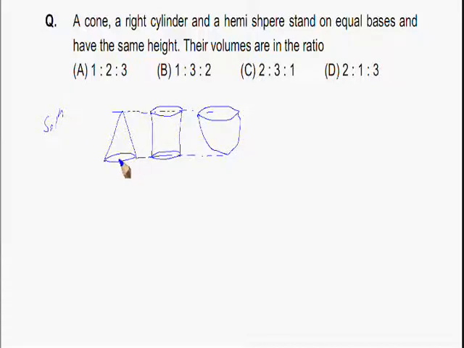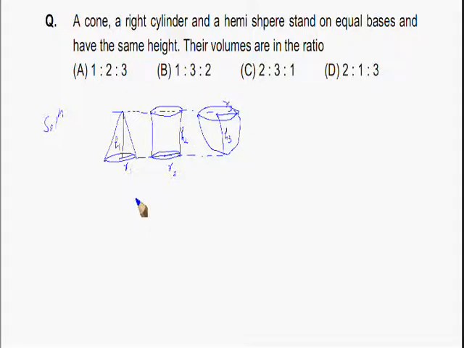Let's say the radius of a cone is r1 and the height is h1, and the radius of the cylinder is r2 and the height is h2, and the radius of the hemisphere, let's say r3, and the height is h3.